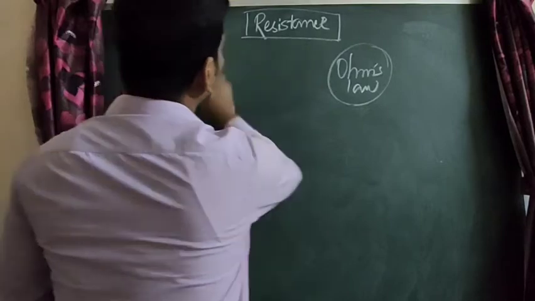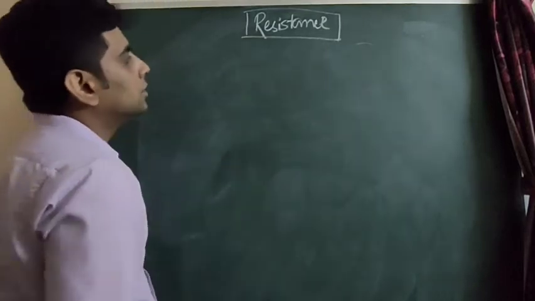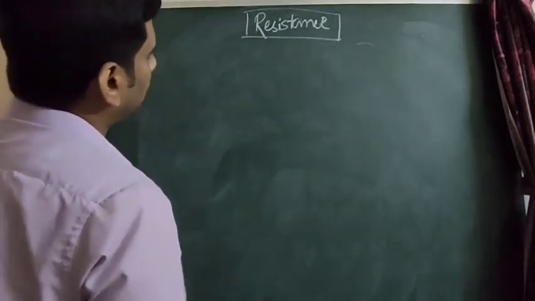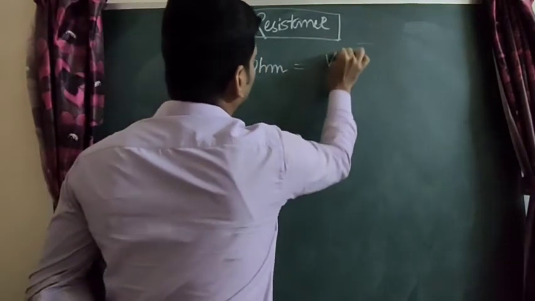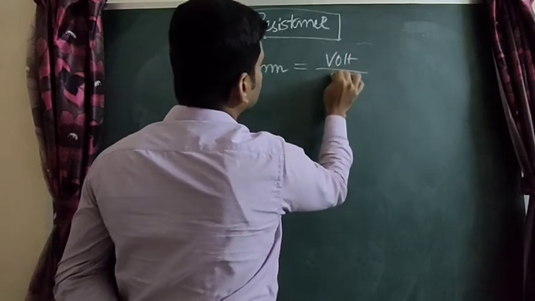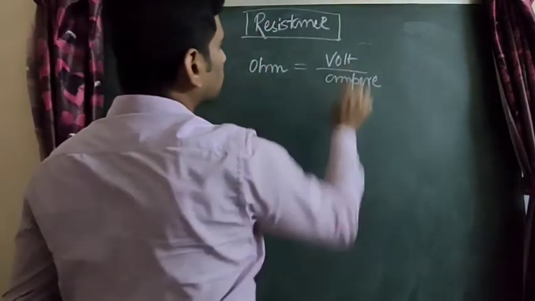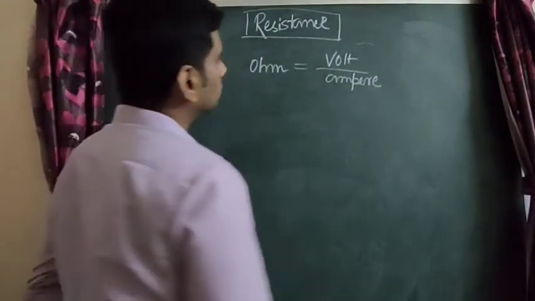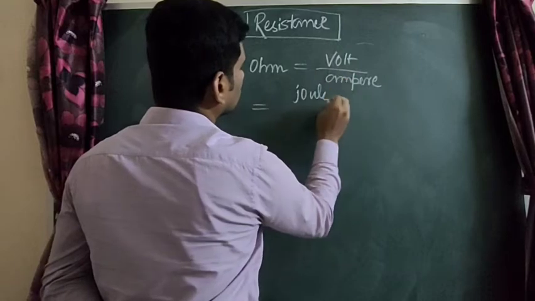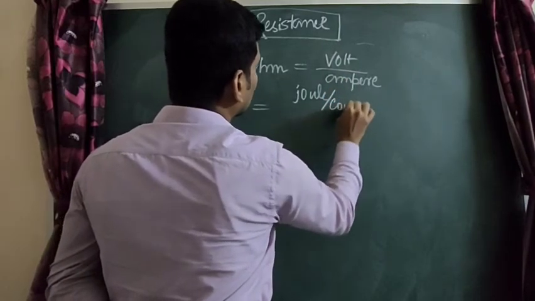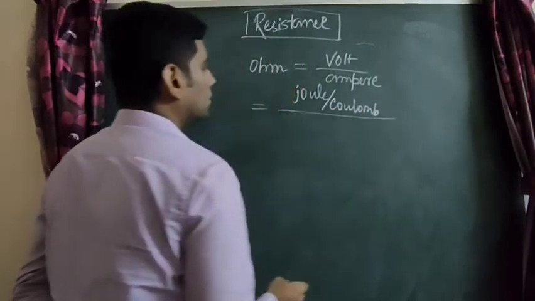How to find out? In case you have forgotten, I am just giving a quick recapitulation of that. So ohm, unit, volt by ampere. Volt means what? Joule per coulomb, by ampere.